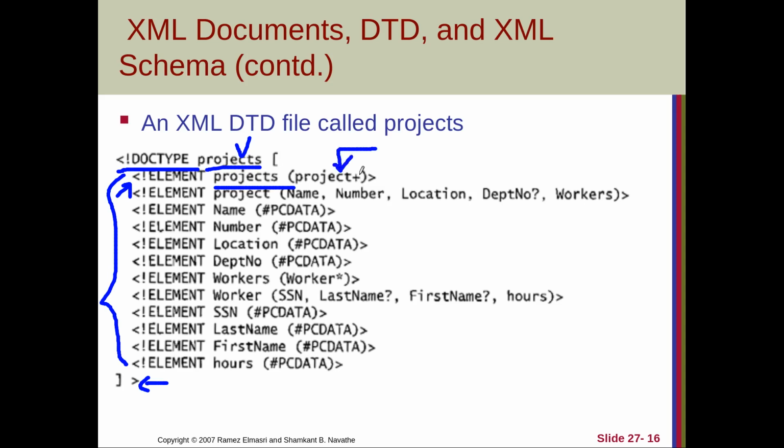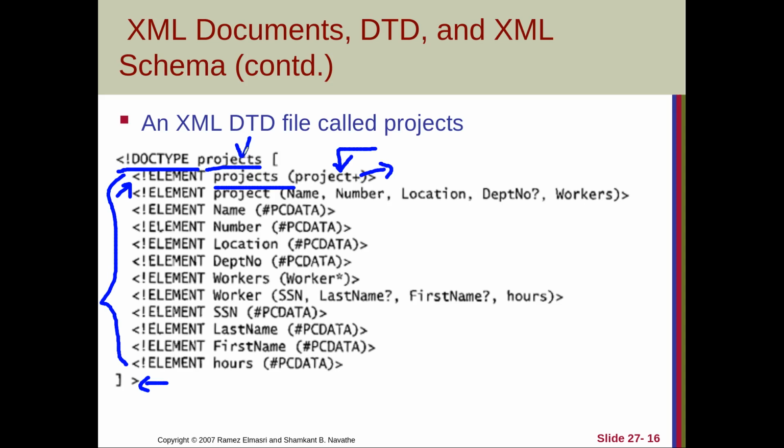This plus has a meaning, which we will see later. Now what is the meaning of this plus? We will see soon. There are some symbols that we use with XML DTD which have special meanings. So the property of projects is project plus.